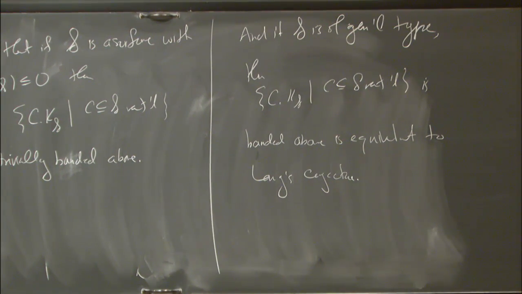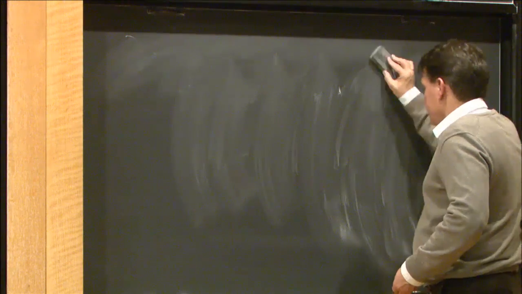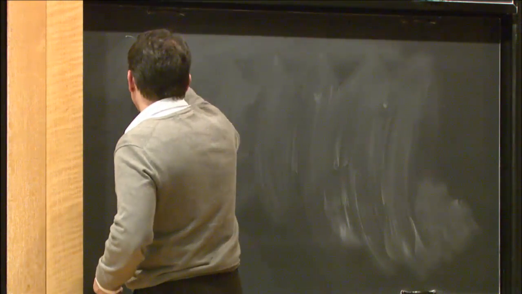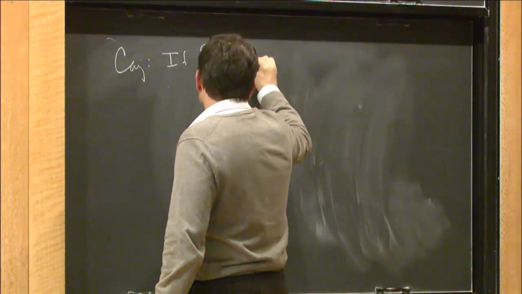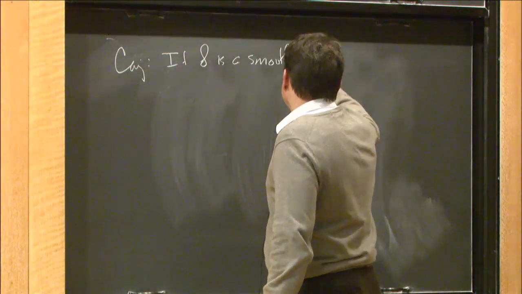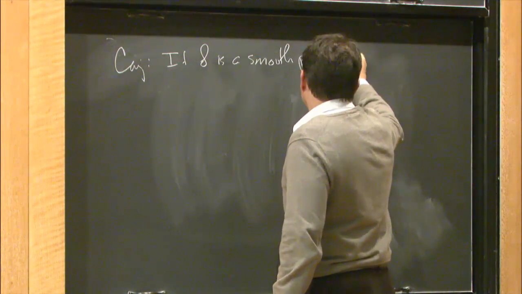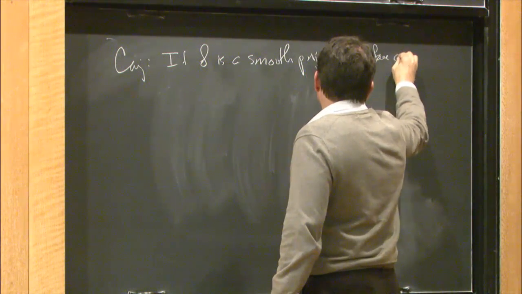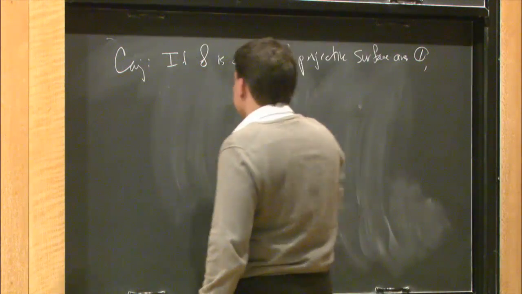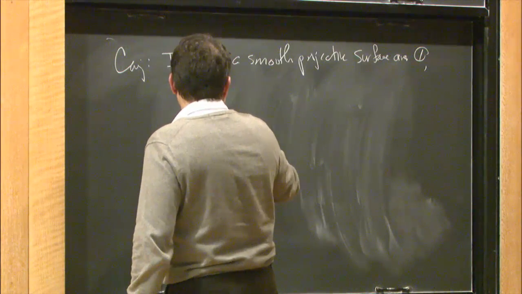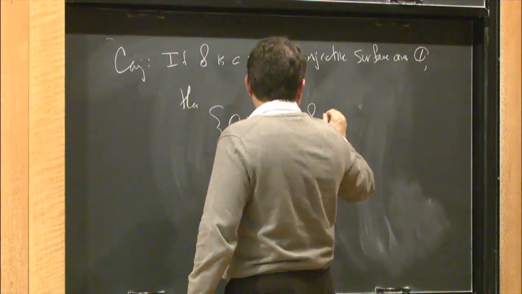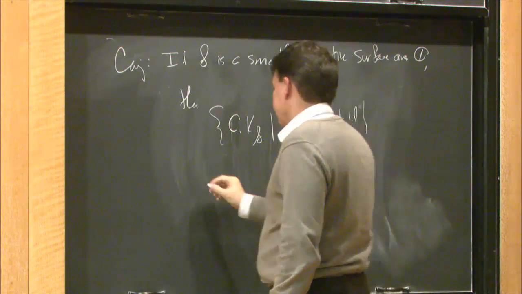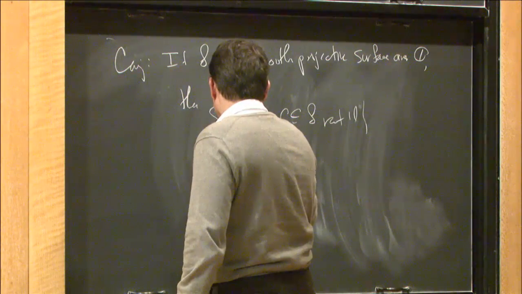So you can package all this together into one very clean conjecture, which I'm willing to make, and that is that that statement is correct for any surface. So if S is a smooth projective surface over C, then the set of integers C dot K_S, where C in S is rational, is bounded above.